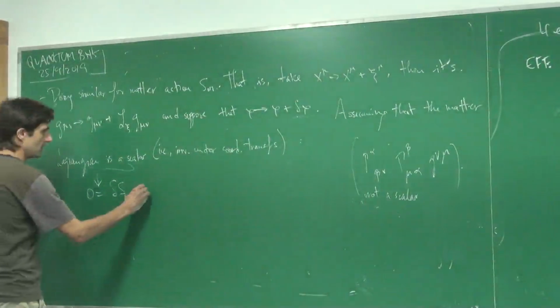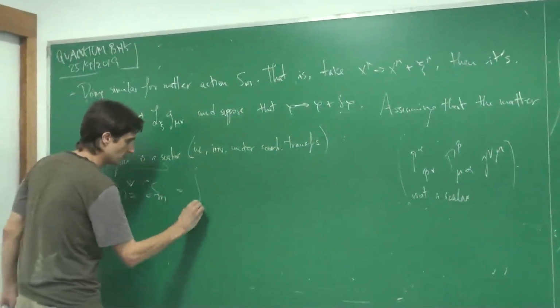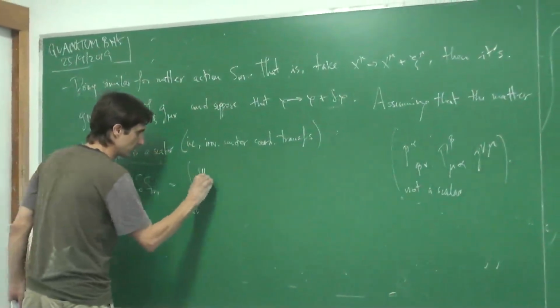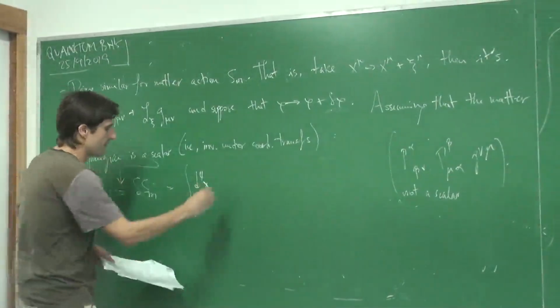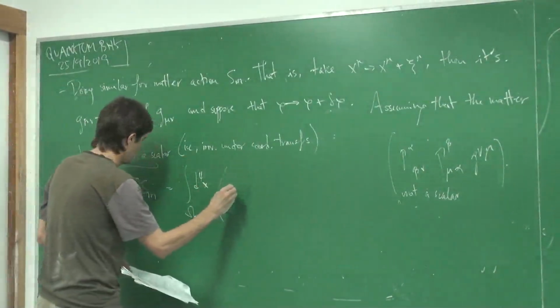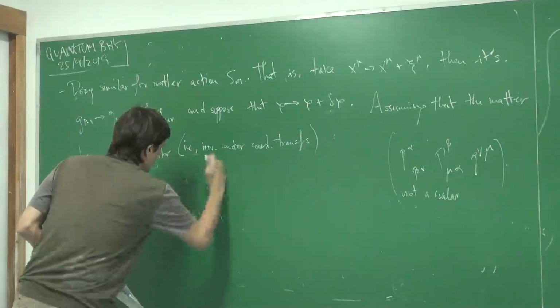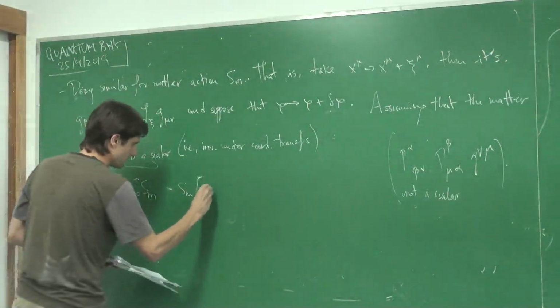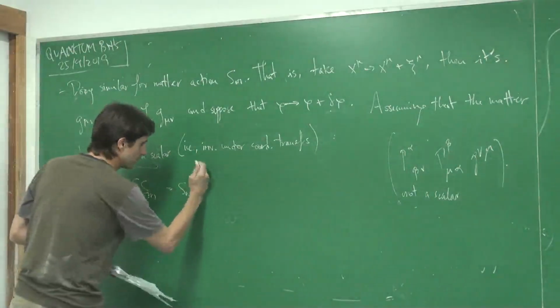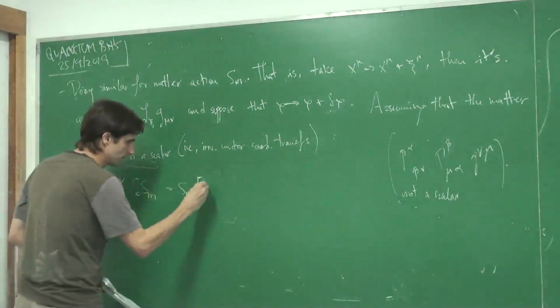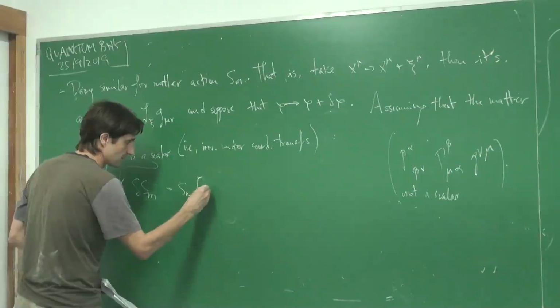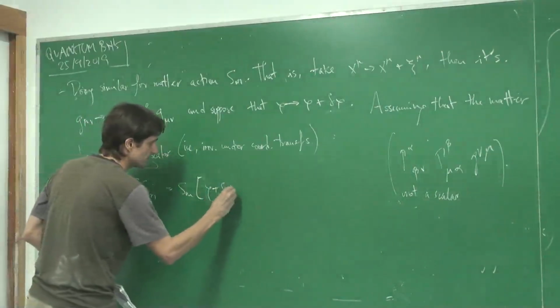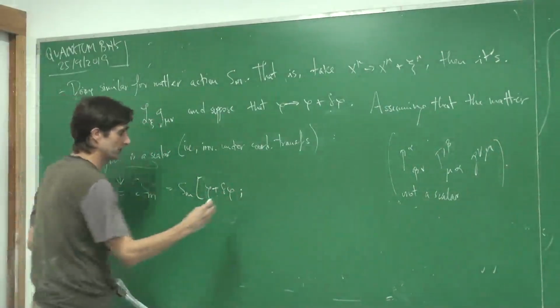Okay, so here we'll just do the variation of this. The Lagrangian is a function of two things: phi and the gravitational field.